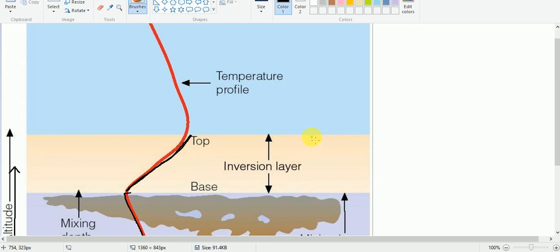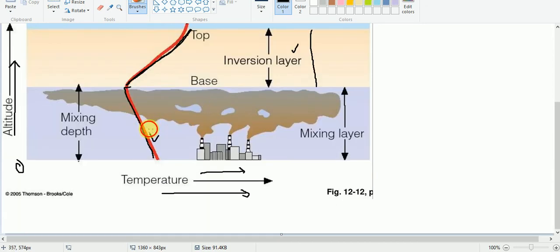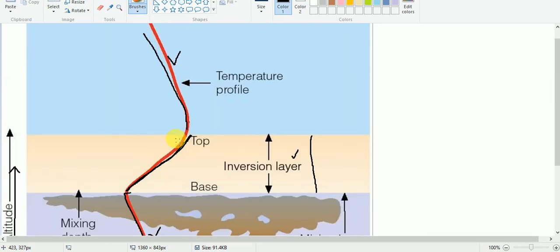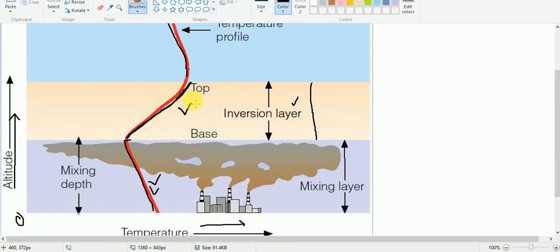This layer is known as the inversion layer, and beyond this layer again temperature decreases with increasing height. This is also normal lapse rate, and this is the inversion layer. That is, there is an increase in temperature with increasing altitude. This is what I call inversion of temperature.